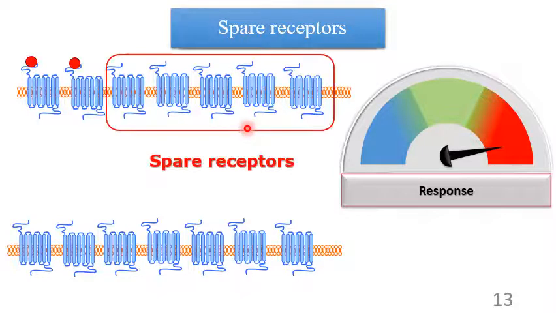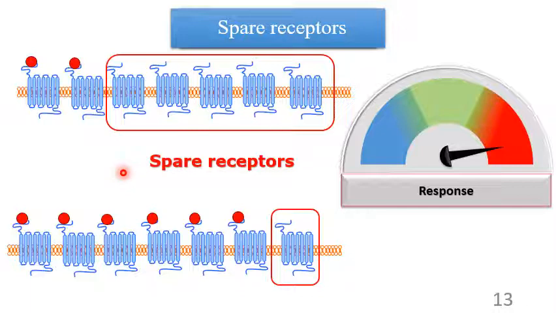In another case, the number of spare receptors is different. Maybe in another case, we do need to occupy most of the receptors to produce the full response of the drug. And here in this case, the spare receptors are only a small fraction of the available receptors.